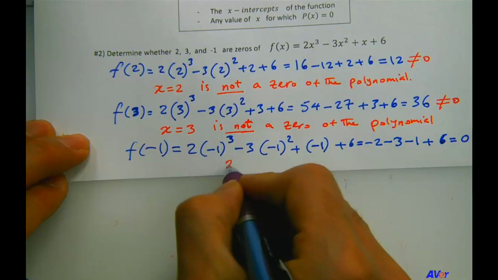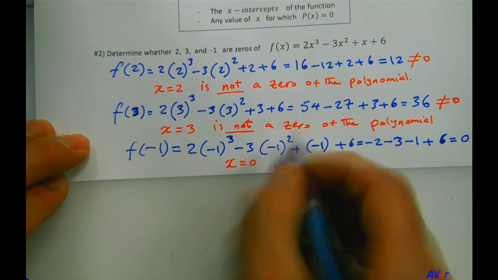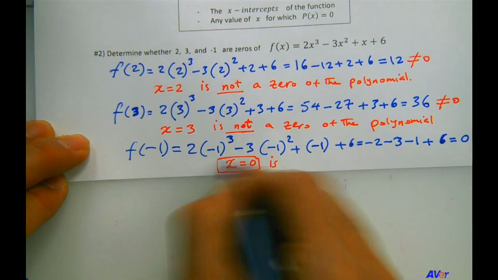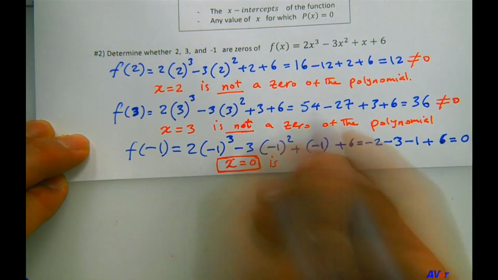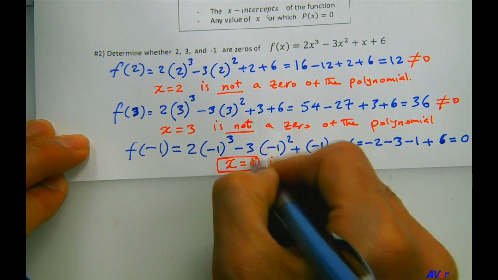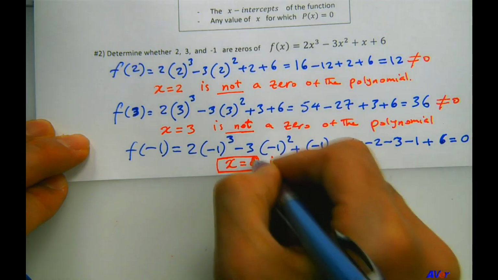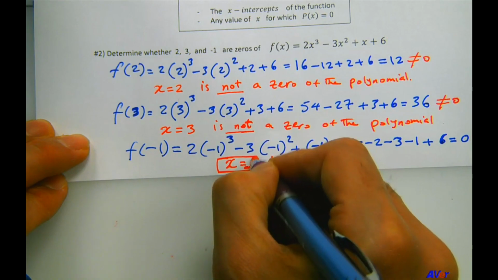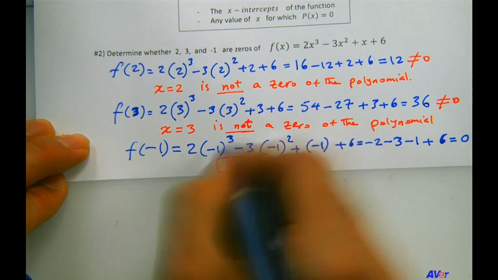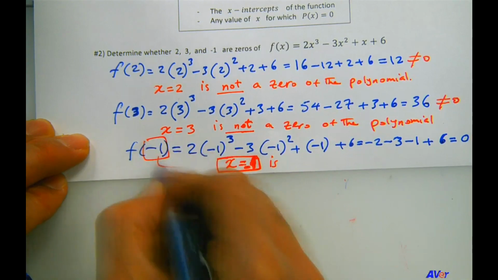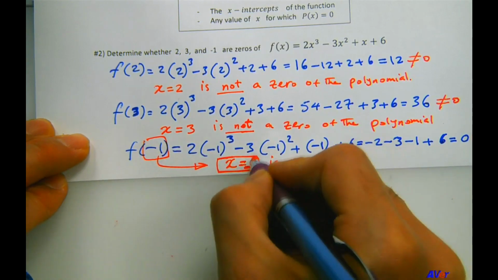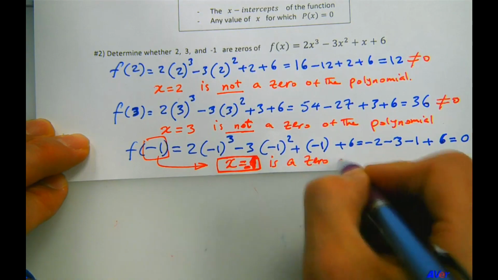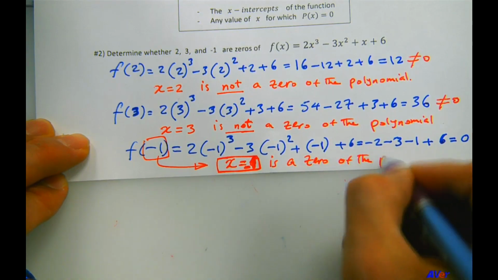So x equals -1 is a zero of the polynomial.